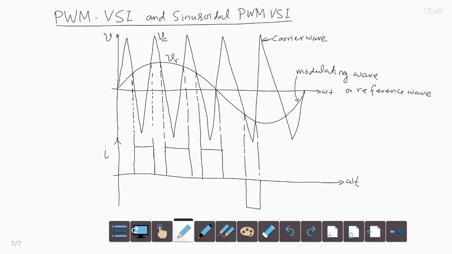A typical output current waveform is shown in this waveform.